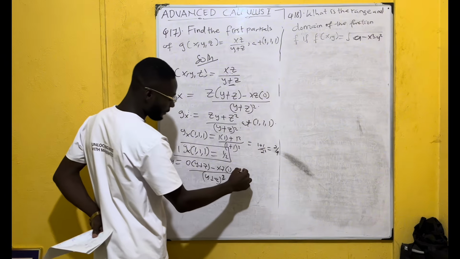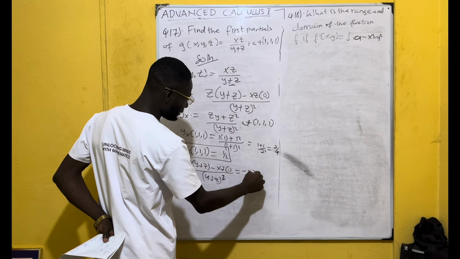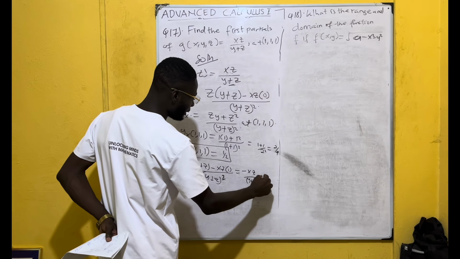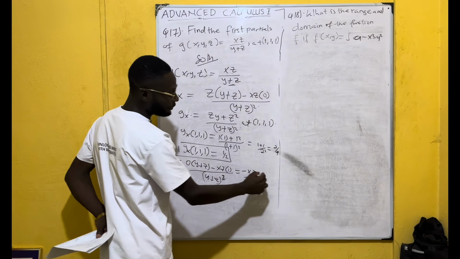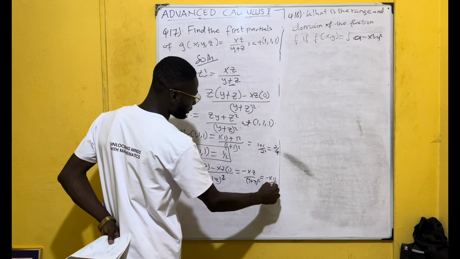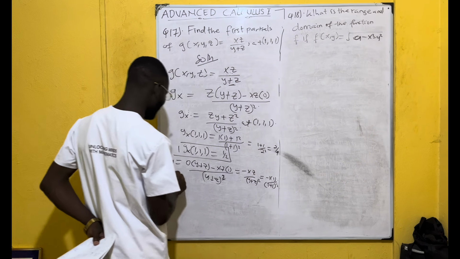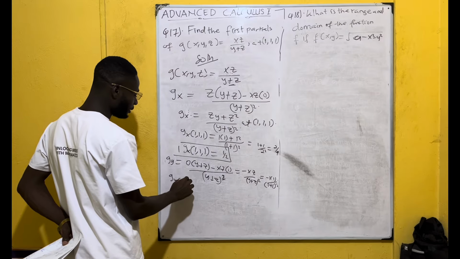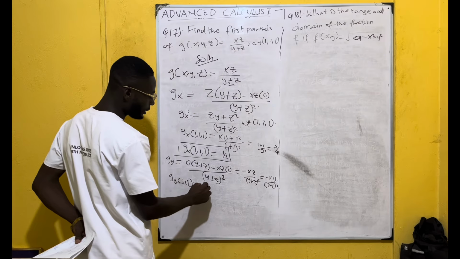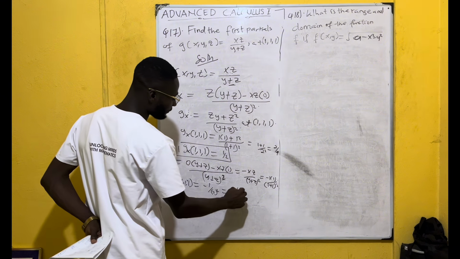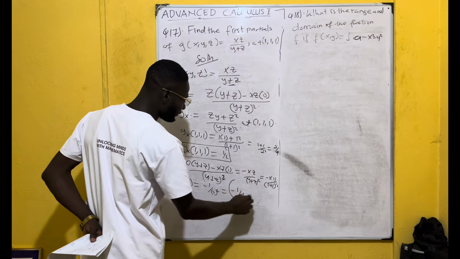This we are going to have minus xz divided by (y plus z) all squared. And that we are going to have minus 1 times 1 times (1 plus 1) squared. Then we have our g_y of (1, 1, 1) to be equal to negative 1 over 2 squared. And that is negative 1 over 4. So that is for the g_y.